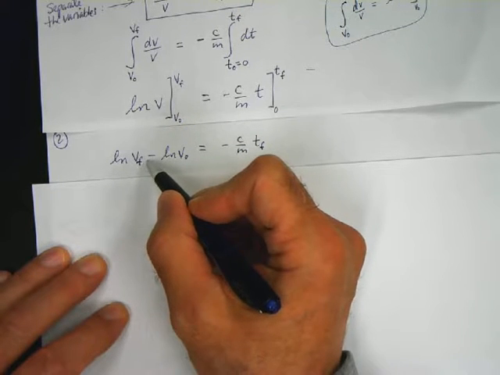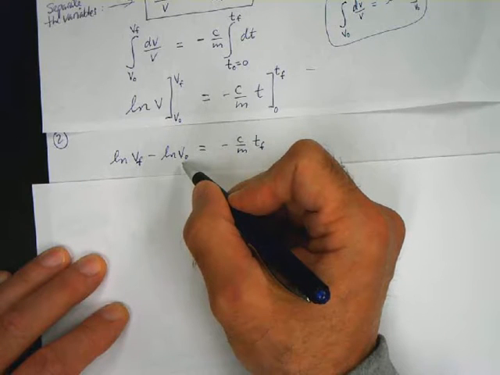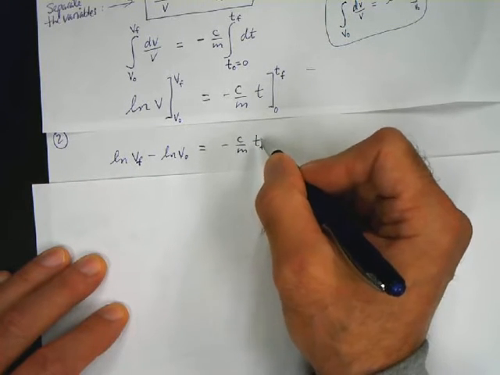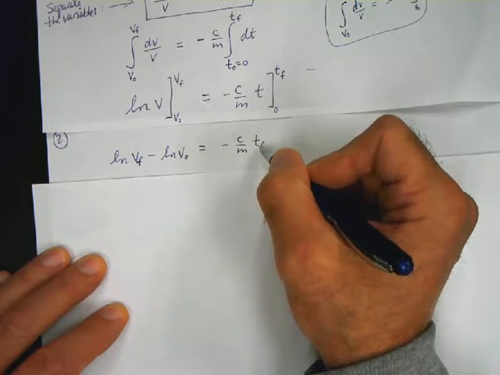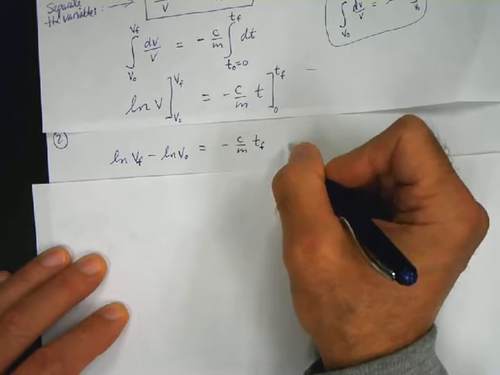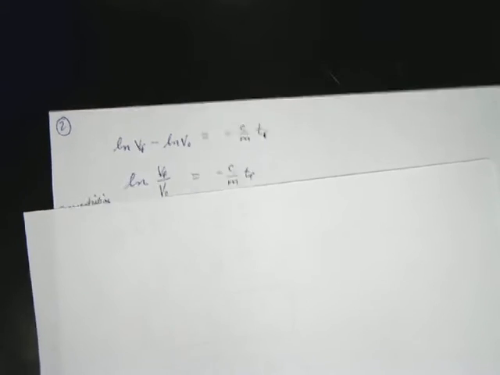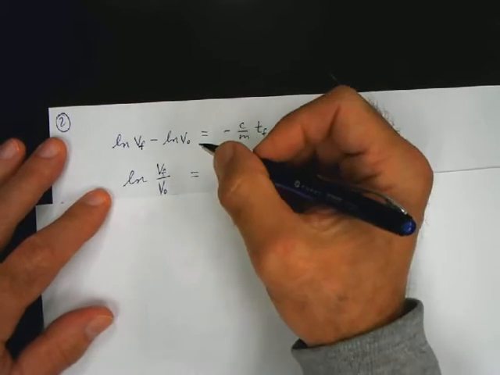When we evaluate the natural log of v from v0 to vf, we substitute vf in for v and we get natural log of vf minus, now we substitute v0 in for v, so that's natural log of v0, equal to negative c over m times, we'll substitute the tf in for t, we get tf, minus, if we substitute 0 in for t, that'd just be minus 0. I don't really need to include that.